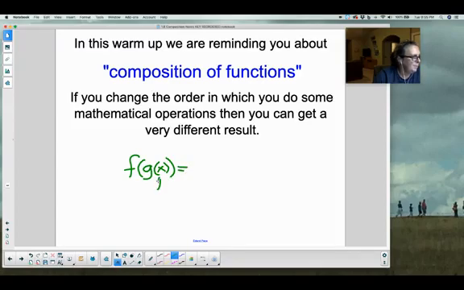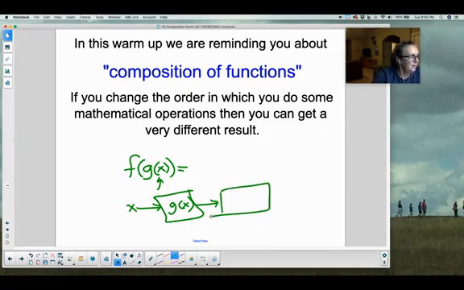X is your input. It goes into some function called g of x, which changes it into something else. Then it goes into your second function, the one on the outside, and out comes your final output.